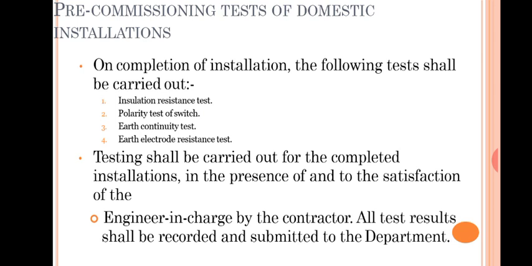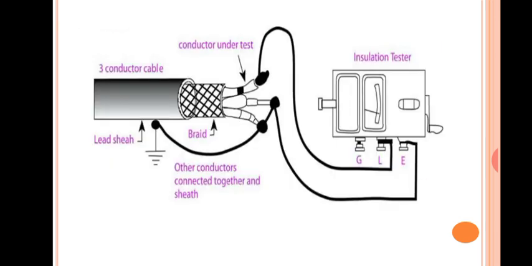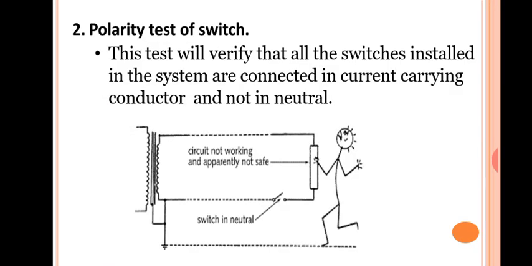Then we studied the polarity test. The polarity test shows that the polarity should be effectively done, so that the neutral should not be connected to the switch; it should be connected to the phase only.